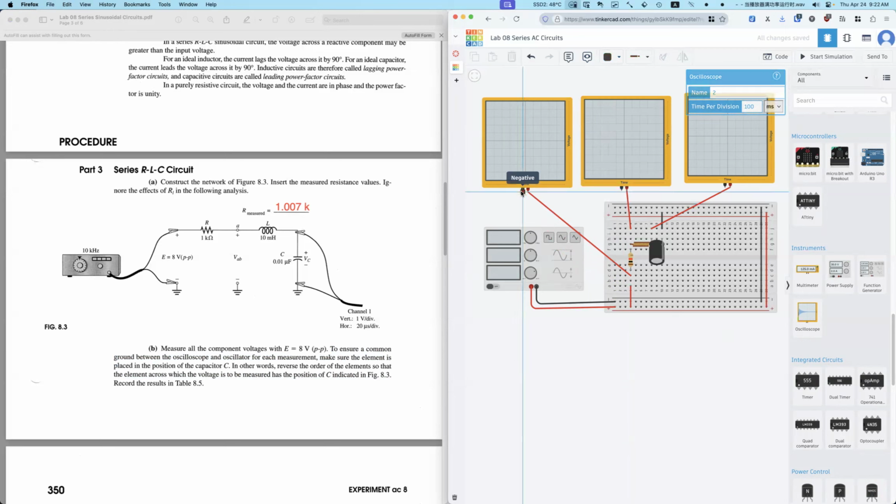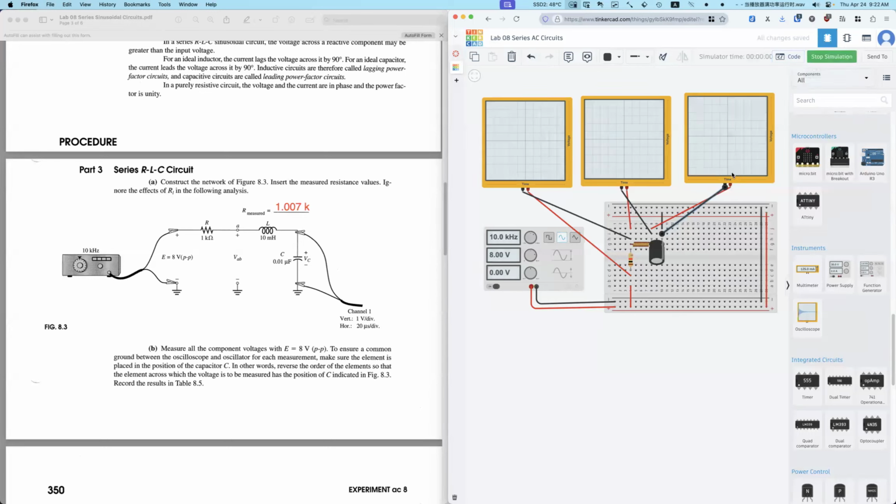The left one is across the resistor, so this is VR. The middle scope measures the inductor voltage. The last oscilloscope measures the voltage across the capacitor. Okay, it's fixed. So now we can run. Let me check. Run the simulation.